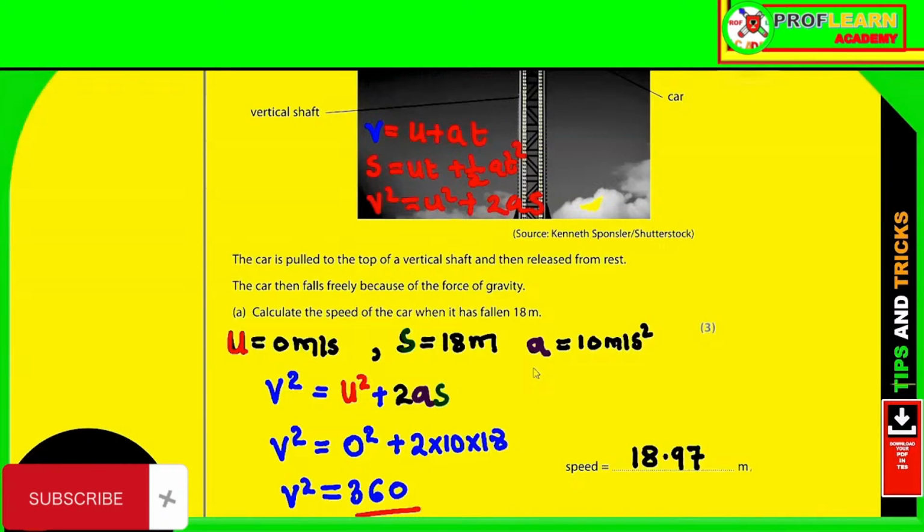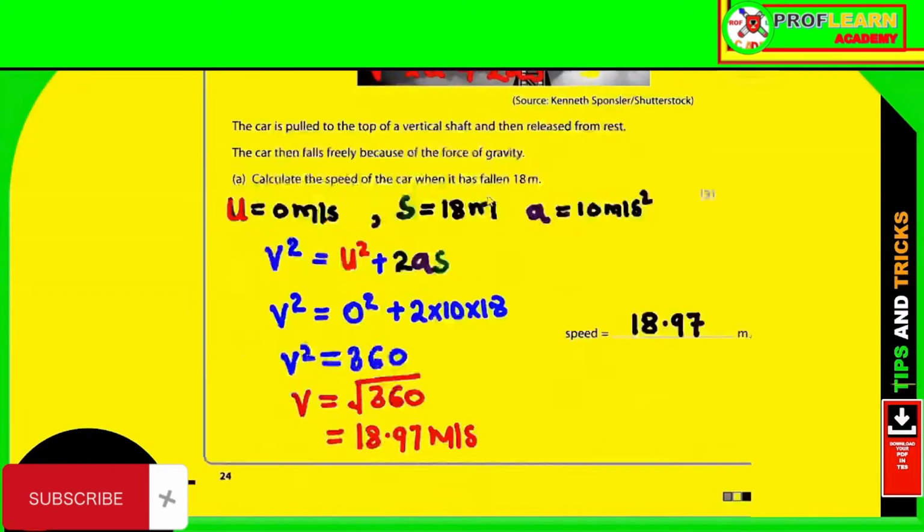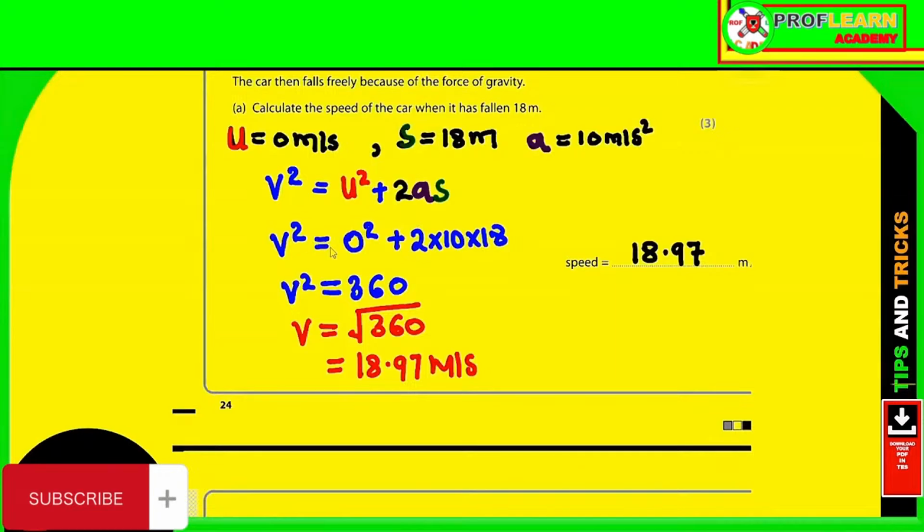Since we have u, the initial velocity, s, 18 meters, a, the acceleration, and we are finding the final velocity, the most appropriate formula to use is this last one, because it has all the variables that we are given and the one that we are trying to find. Now we can substitute whatever we are given.